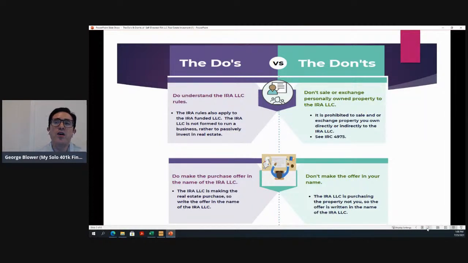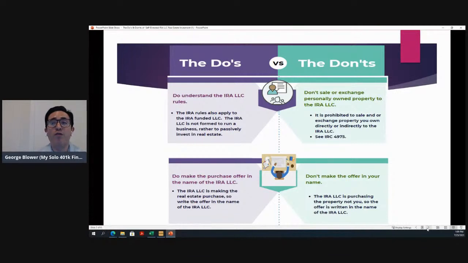So next, you want to make sure that when you buy the property, you make the purchase offer in the name of the IRA LLC. So the IRA LLC is making the real estate purchase. It's not you personally. It's certainly not your business. It's not even the IRA. It's the LLC that's owned by your IRA.